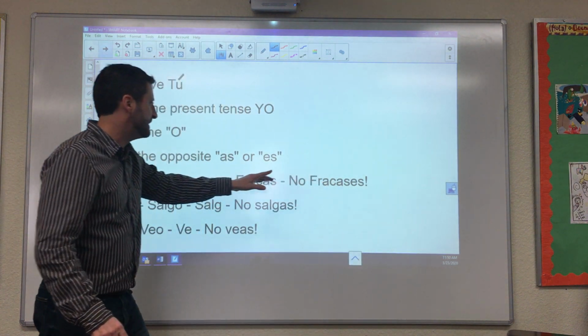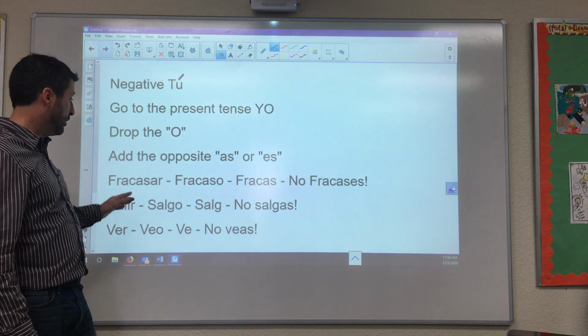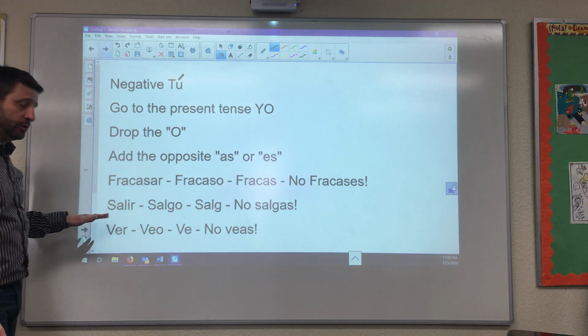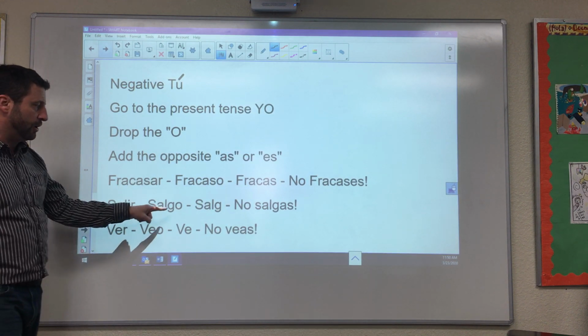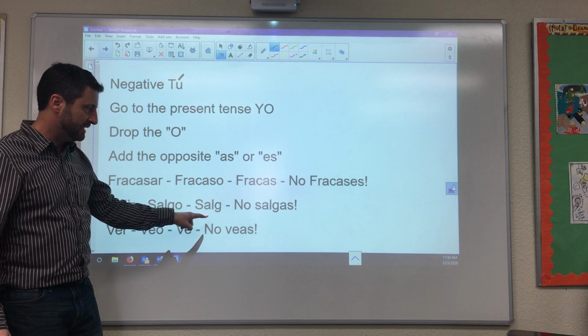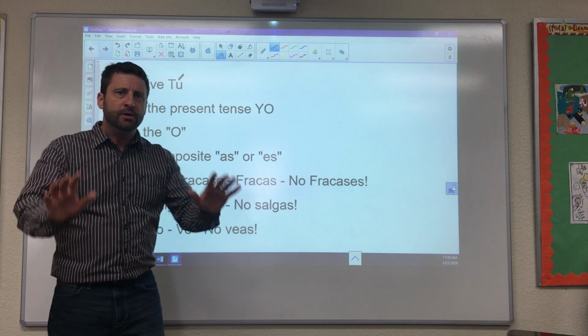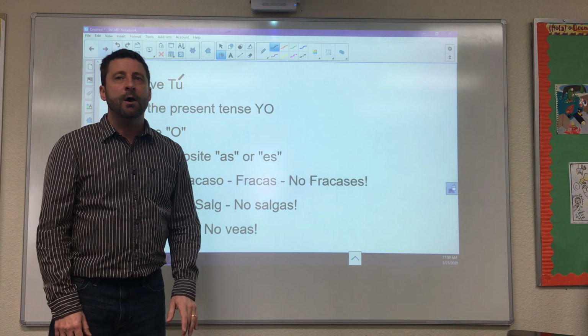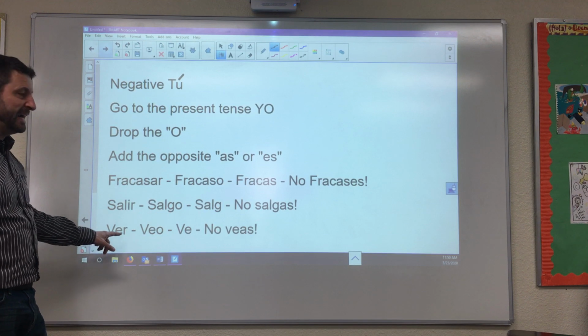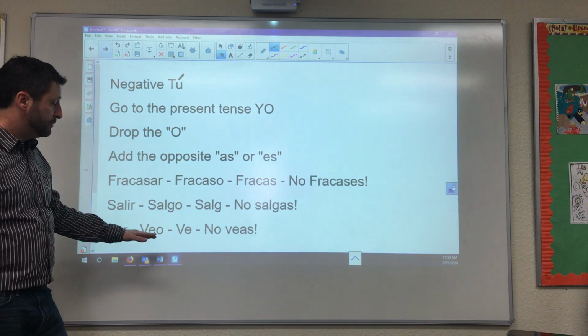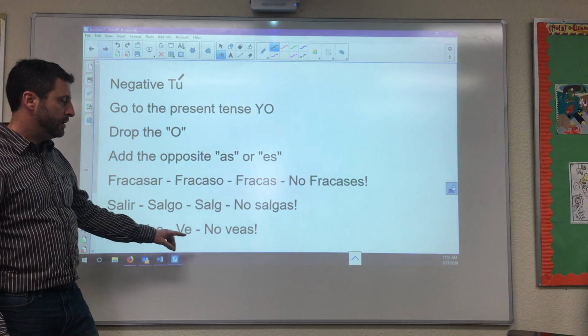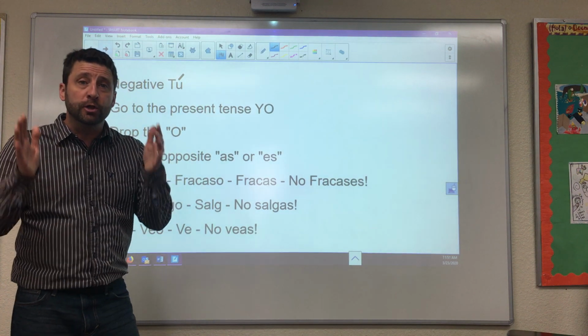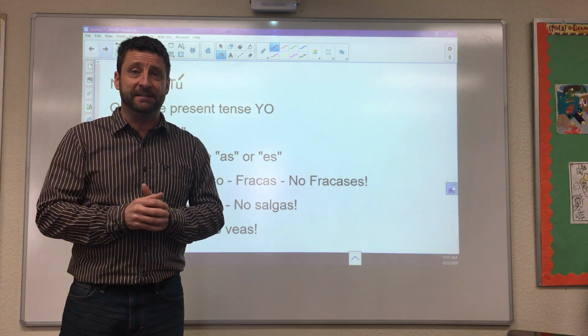Notice an es because it's an AR verb, opposite ending. Salir, go back to the yo, salgo, drop the o, salg, don't leave, no salgas. One more, ver, go back to the yo, veo, drop the o, ve, no veas, don't look at your book when you're taking the test.